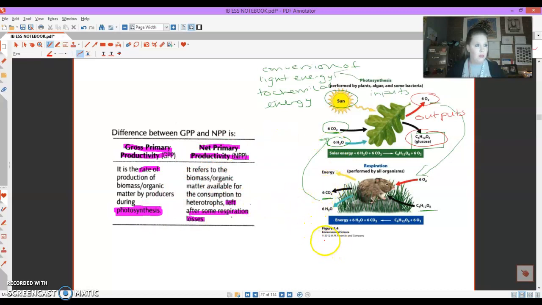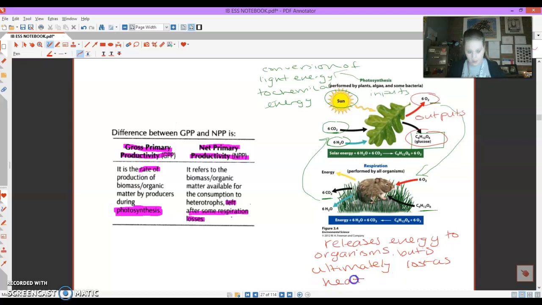So it releases energy to organisms, but is ultimately lost as heat. Okay, so let's think back to the food chain that we went over in the very beginning, and I drew our arrows.